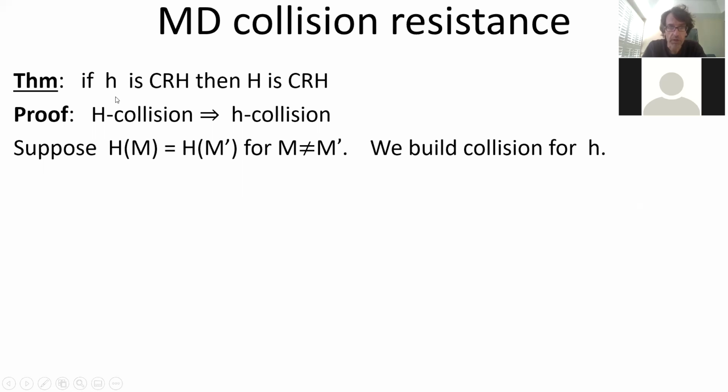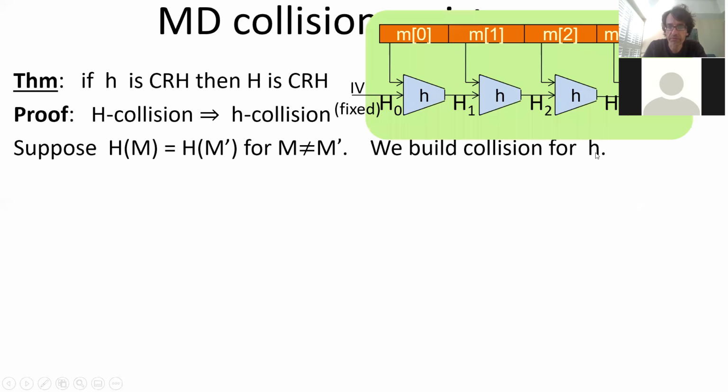Therefore, if the compression function was collision resistant, then so must be the whole Merkle-Damgård construction. So let's see why that is true. Suppose that somebody found two big messages that Merkle-Damgård has the same output on. Basically, given such messages, it must construct at some point a collision against the compression function.